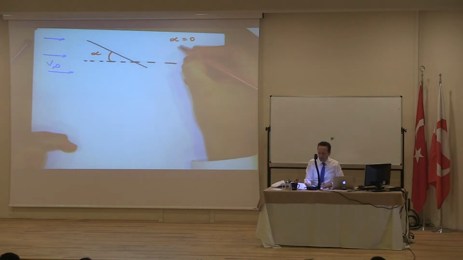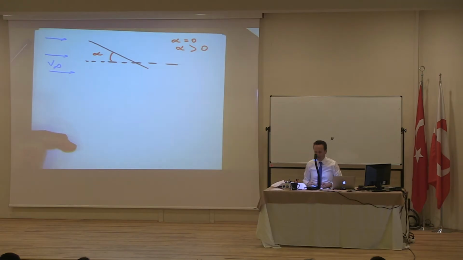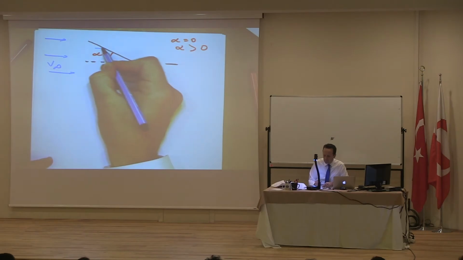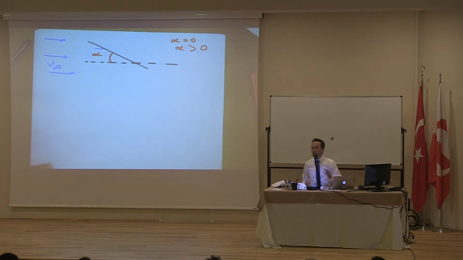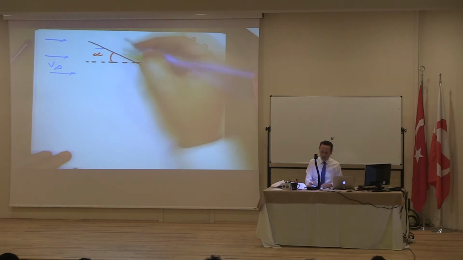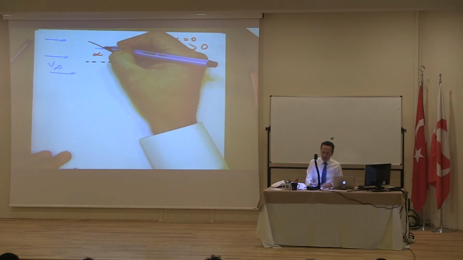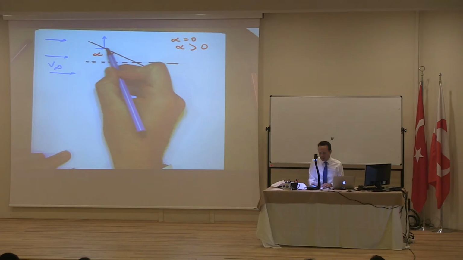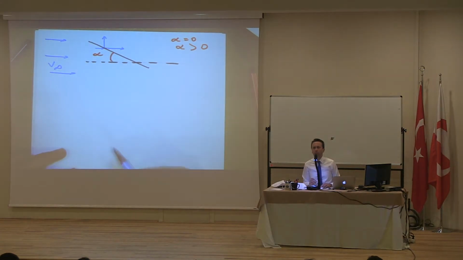If alpha is at a certain angle, then you will start seeing that hitting and going up, hitting and going up, right? Well, if these particles hit this plate, you can really divide this into two forces. One is the one that is pushing you upward because of the downwash, and one that is pushing you backwards.